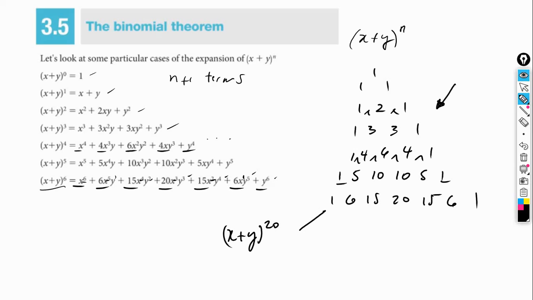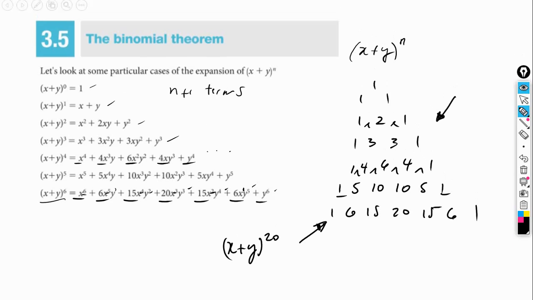Well, this process of using Pascal's triangle would be too lengthy, too tedious. So that is where the binomial theorem comes in, which by the way is proven in chapter 5; we will see that when we get to chapter 5. What I'm saying is that it would be too complicated to do it with Pascal's triangle. So we are going to take a look at the binomial theorem.